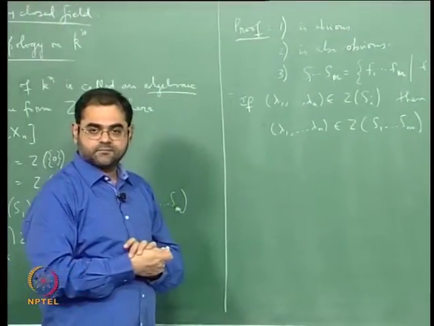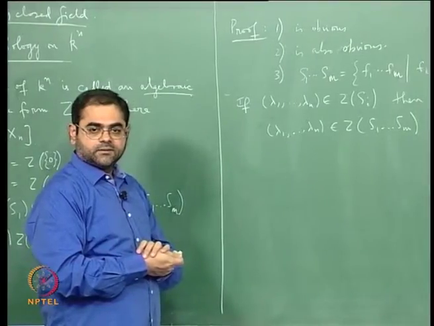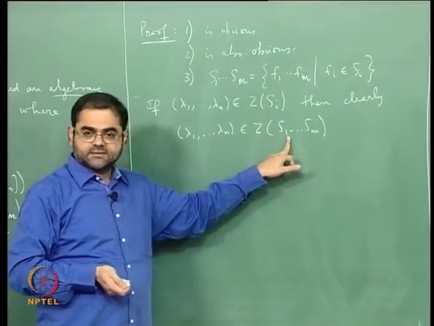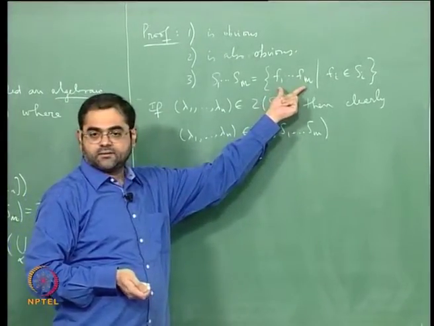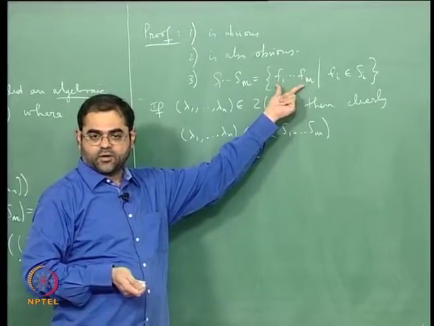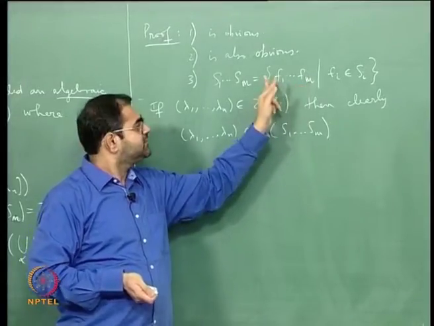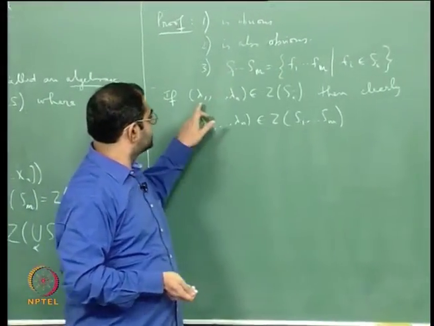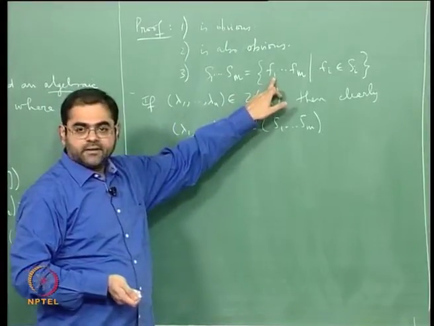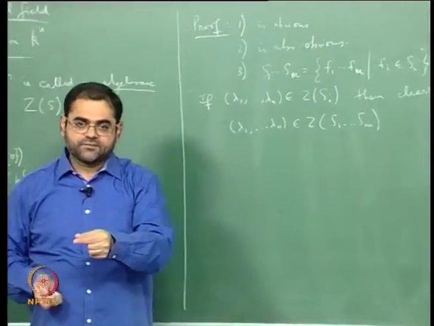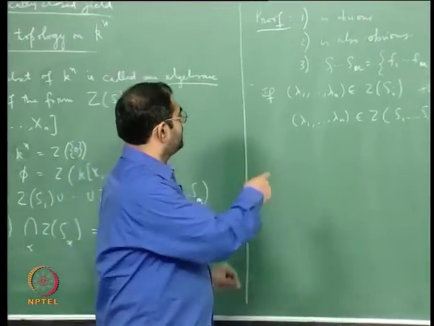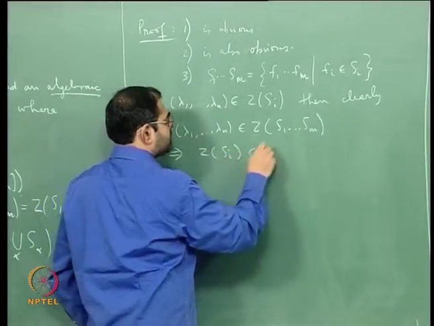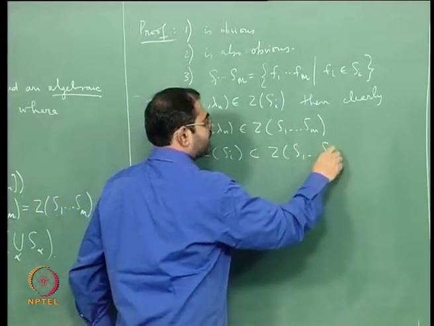That's obvious, because to get a 0 of an element which is a product of polynomials, it's enough to have a 0 of just one of them: when I plug this n-tuple into each of these, even if one of them vanishes, then the product vanishes. Therefore Z of Si is always in Z of S1 through Sm.